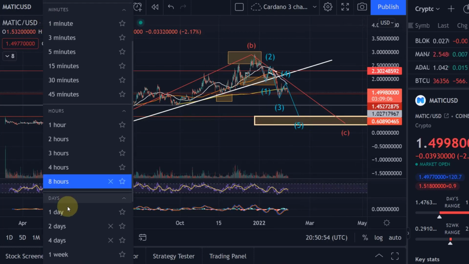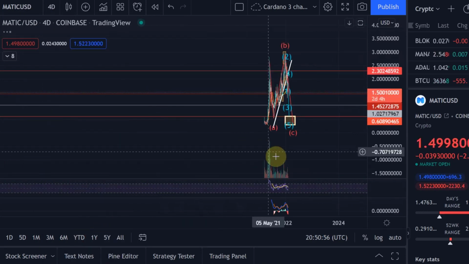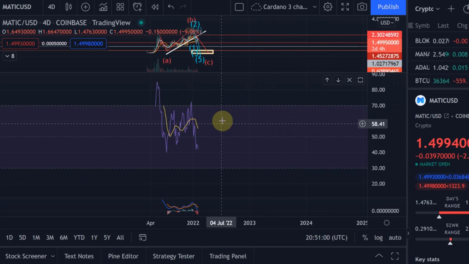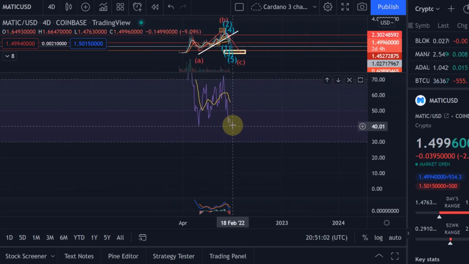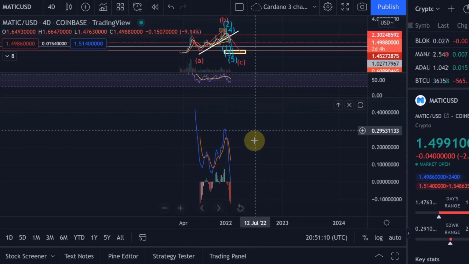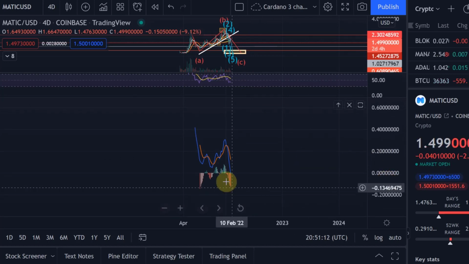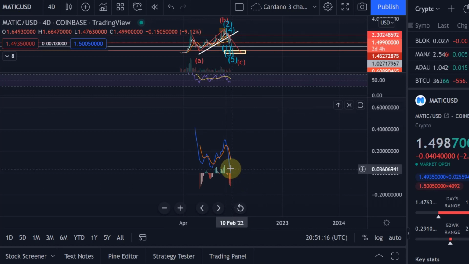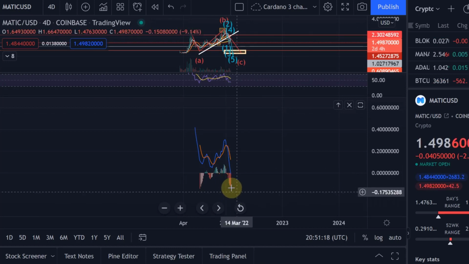Looking overall at the higher time frame indicators, because this is what is so important, especially the 4-day chart is in my view highly relevant. On the RSI, there is more scope to fall. We're only at 40 at the moment, could fall all the way down to 30 easily. And very significantly, the MACD, the momentum oscillator, really also shows dropping.